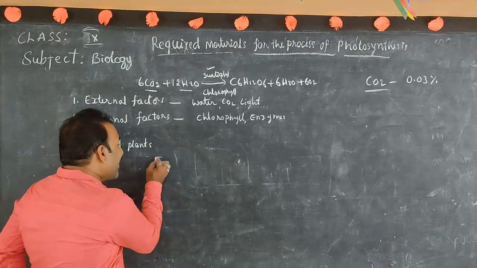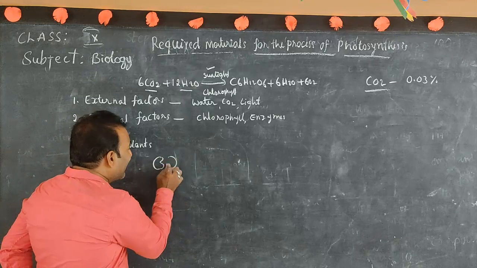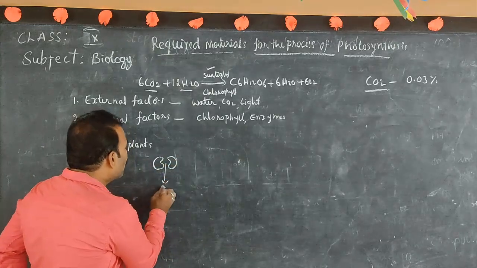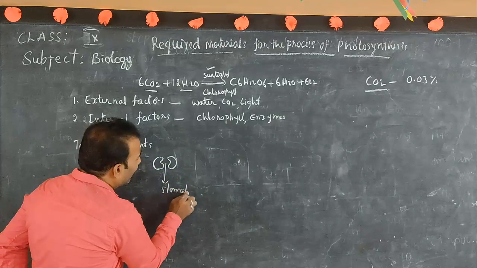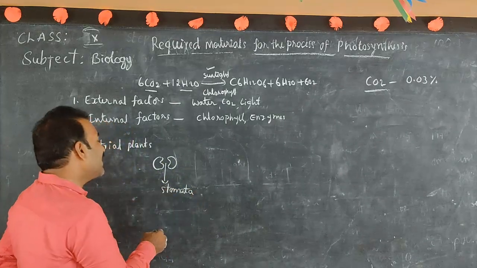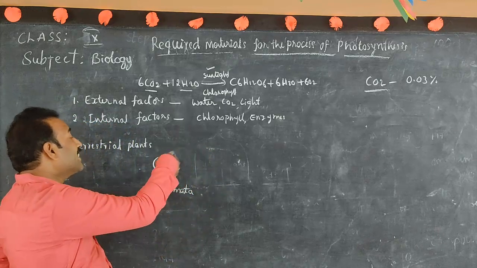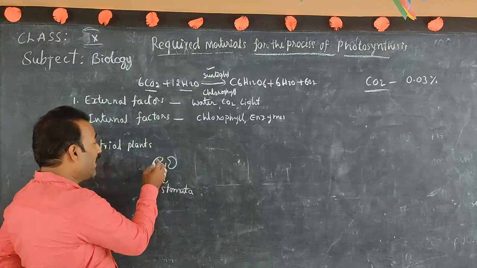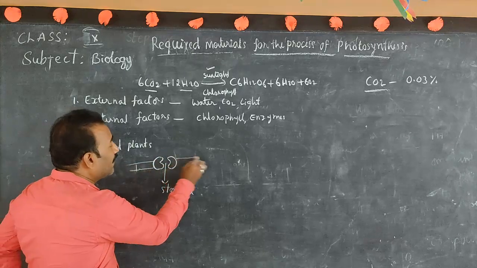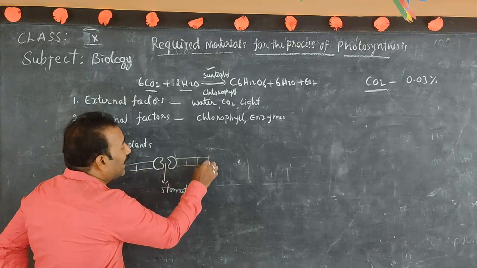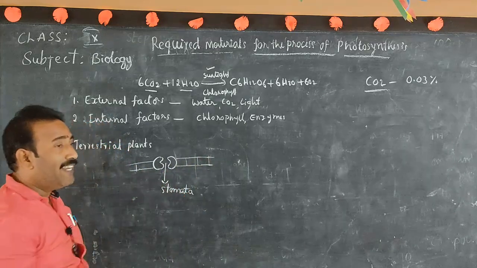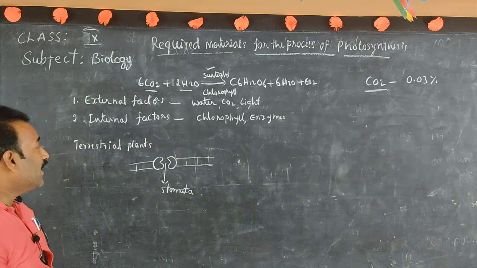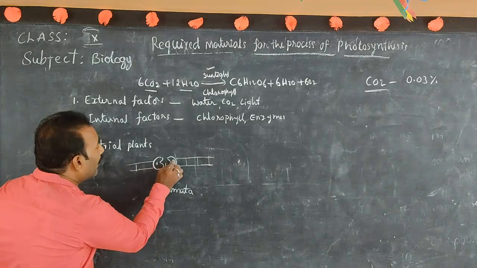This carbon dioxide directly diffuses into the tissues of the leaves through the stomata. These stomata are present on the epidermis of the leaf.